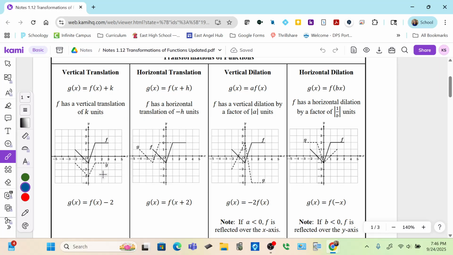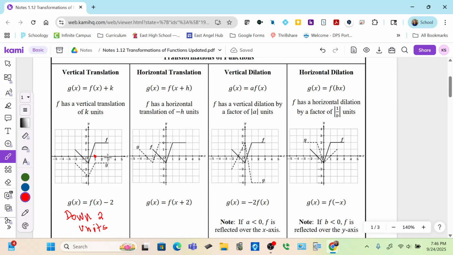Now I do want to point out that there is an error in this graph in your notes packet. They didn't actually draw one of the segments correctly. So what it should look like, and I will draw this in red here, is if we're shifting everything down 2, because this is a -2, so that means we're going to have a vertical translation down 2 units. This point up here, if I shift down 2 units, would actually be on the x-axis.